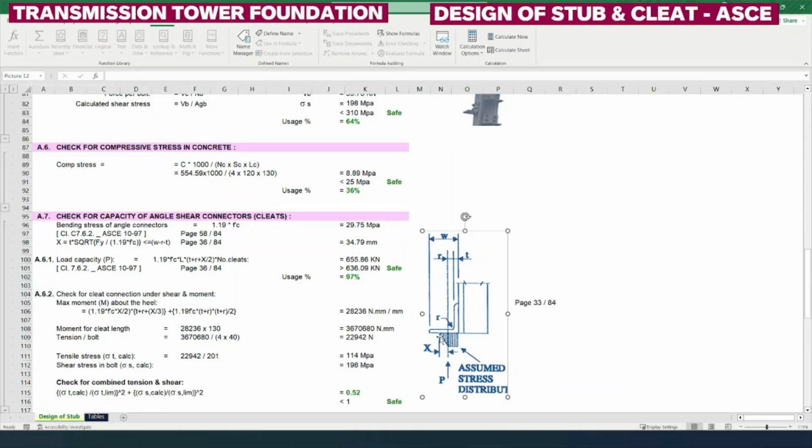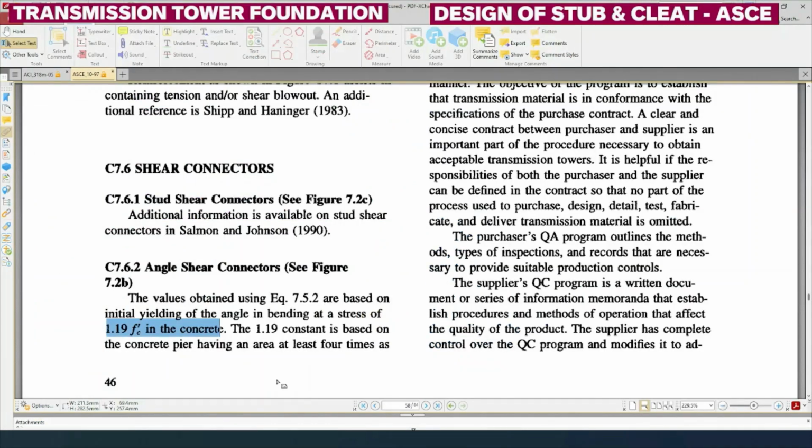The lever arm distance starts from the distance of r plus t, where R is the root radius and t is the thickness of the cleat angle. From there the x distance goes up to the pressure diagram shown here, where the pressure diagram meets 0. That distance is called x. The equation to find this x value is given on page 36 of ASCE 10.